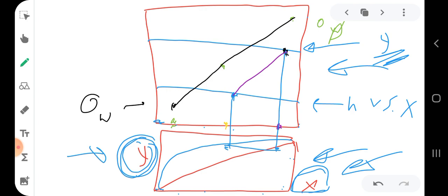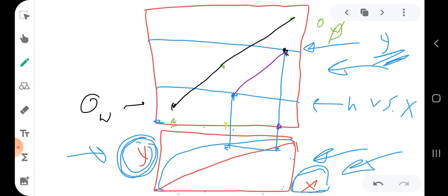What do we mean by tie line? Tie line means a line that connects vapor composition with the liquid composition. Okay, connecting vapor composition with liquid composition, this is a tie line. So now we utilize the equilibrium relationship. Okay, so this is the first step.